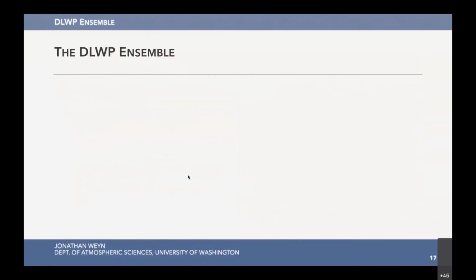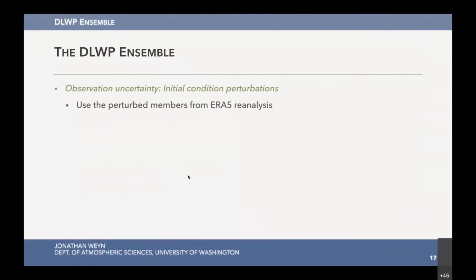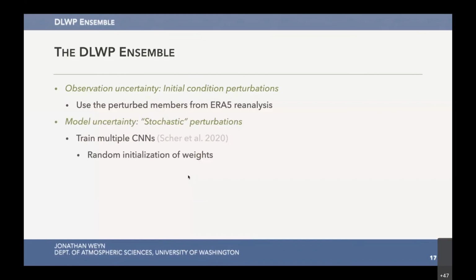All right, so the design of the DLWP ensemble now. We account for both observation uncertainty in the form of initial condition perturbations. For simplicity, although this is suboptimal, we use as initial condition perturbations the perturbed members from the ERA5 reanalysis. And then we also account for model uncertainty using stochastic perturbations, which are actually, in our case, done by training multiple CNNs with different random initialization of weights within the model and shuffling of training data during gradient descent optimization.